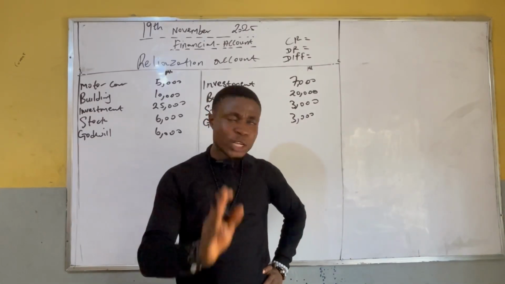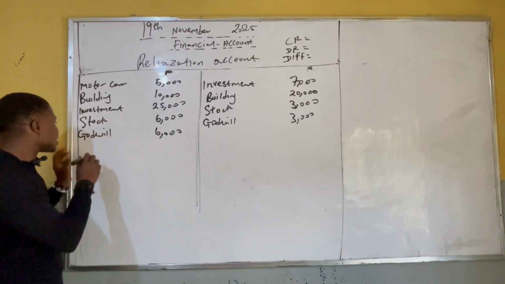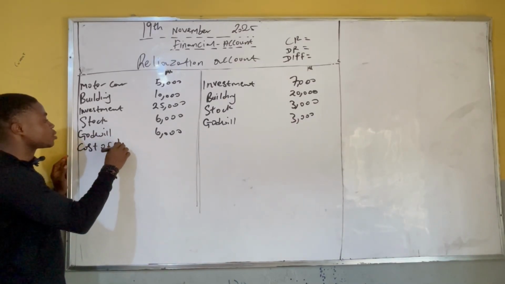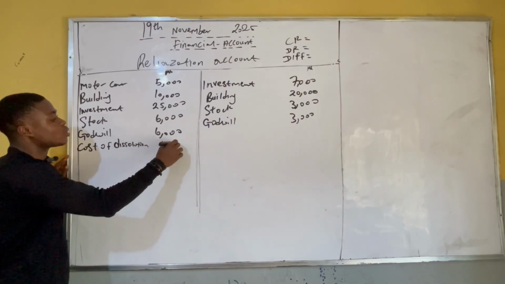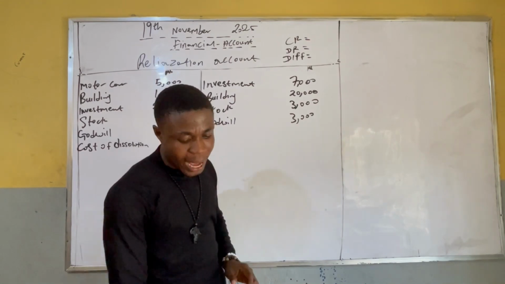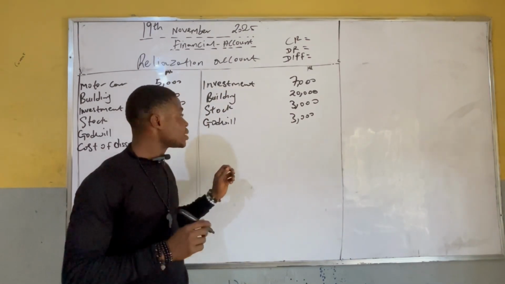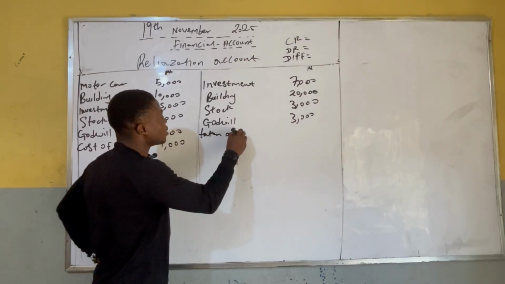That cost of dissolution will not come to this particular account. It will come to this side. That is cost of dissolution, 1,000 naira. Are you following me now? Now we are done. Okay, let's go back to that number 1, the taking over.